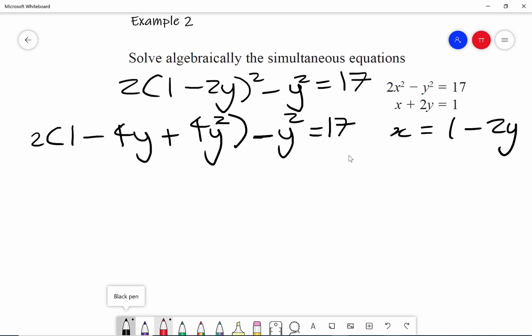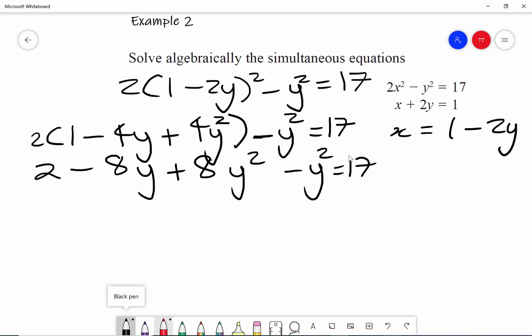Remember, we need to multiply all of this by 2. So we get 2 minus 8y plus 8y squared minus y squared equals 17.